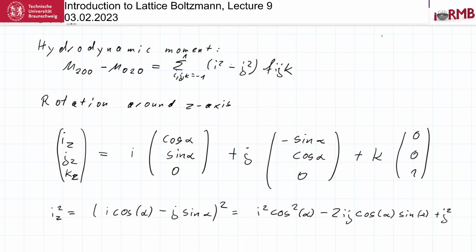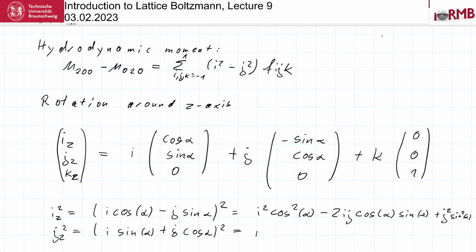So the j sine square alpha. Okay, so the same thing we need for j square, because we also have j square. Now this is the second line in this equation here. This is I sine alpha plus j cosine alpha square.